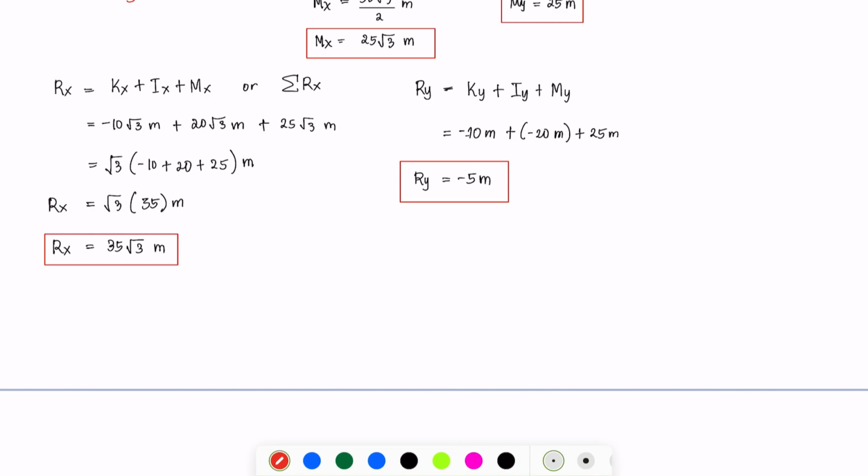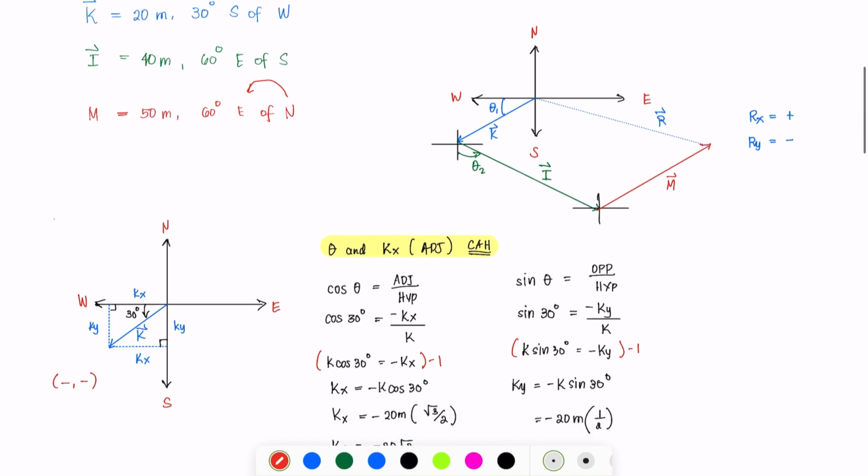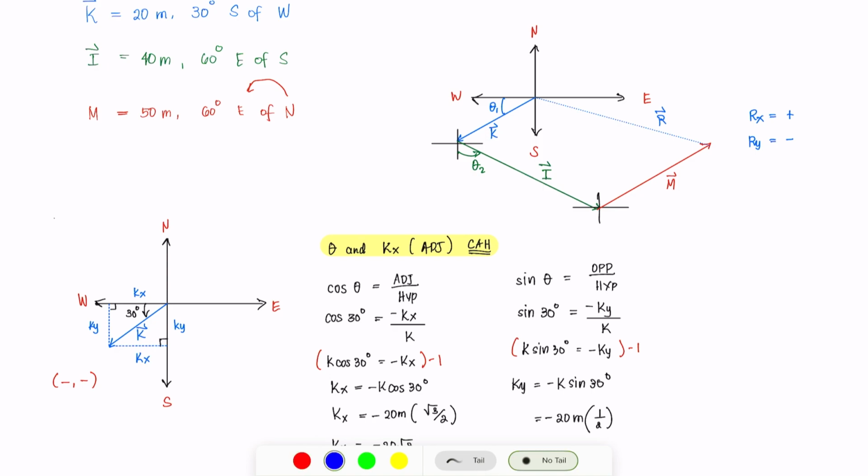Now here's the catch. Notice earlier that we actually tried to sketch, although very crudely, just to approximate, no scaling required, the resultant vector, and we notice that our resultant vector is somewhere here. It's on the fourth quadrant, therefore the components must be positive for x and negative for y.